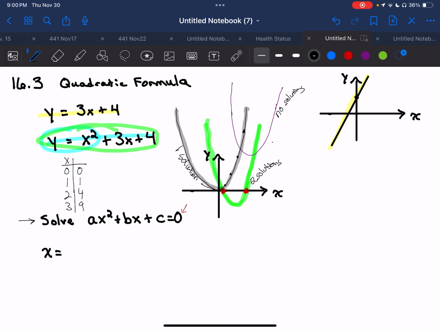By solution, we're talking about this equation. When does the parabola equal 0? So there's a formula. This one you do want to memorize, but I want to tie it into the graph to help you remember it. Where does it cross?